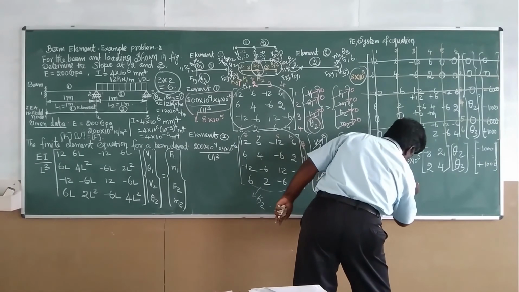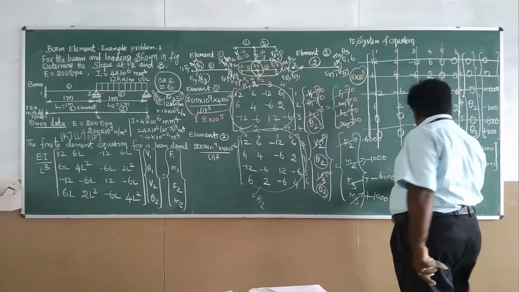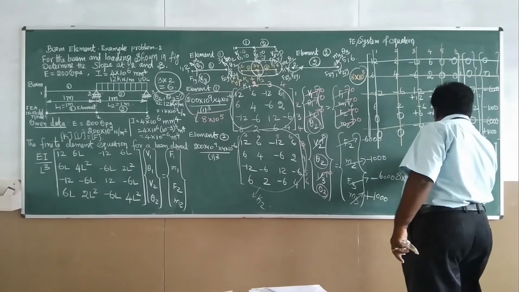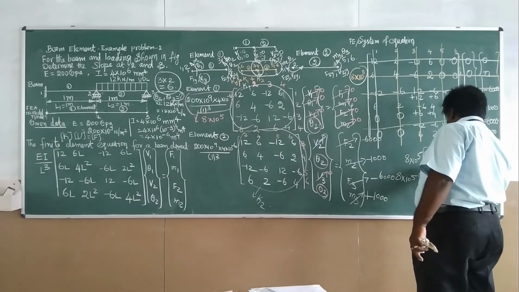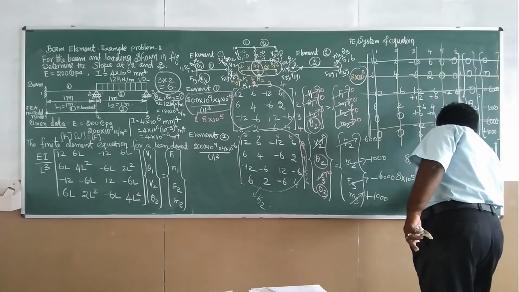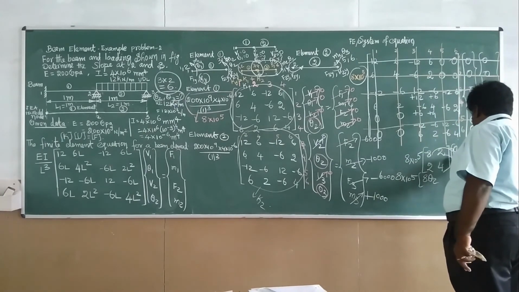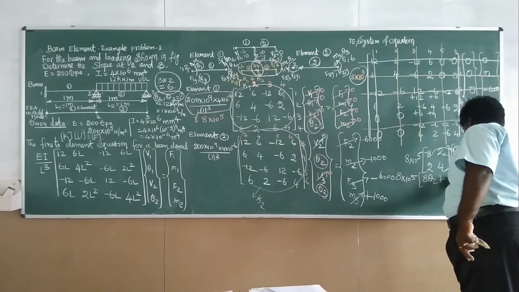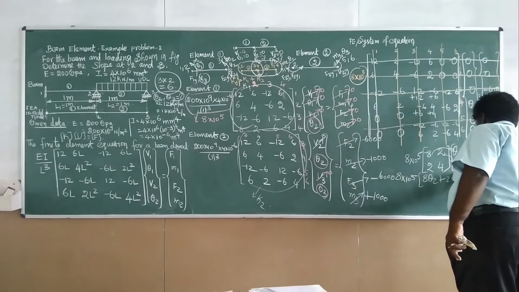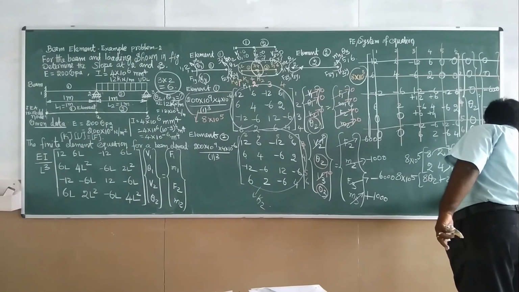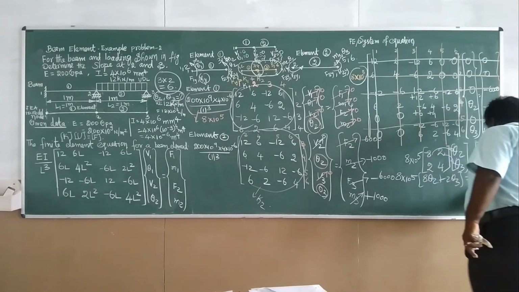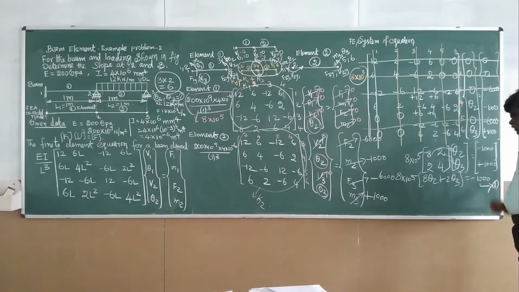So 8 into 10 power 5, 8 into theta 2, 2 into theta 3 equal to minus 1000. Equation number 1.